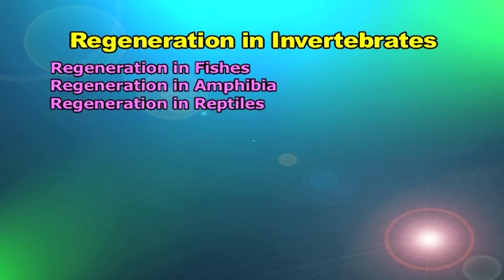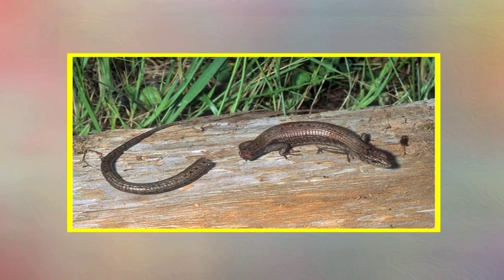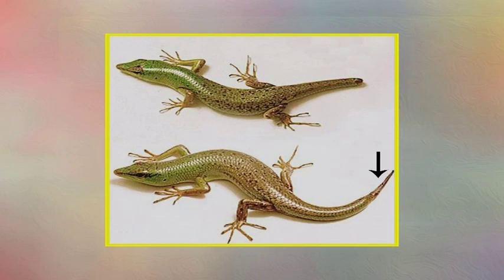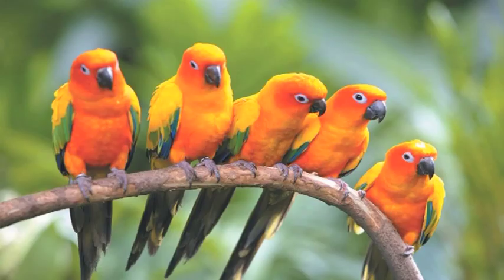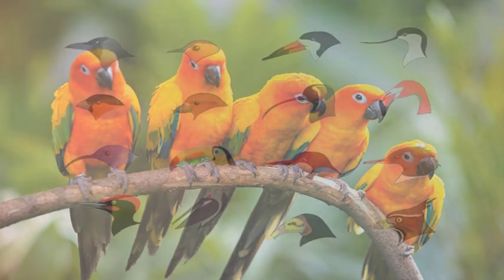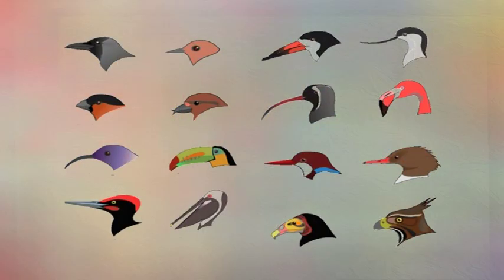Regeneration in reptiles. When tails of reptiles like lizards are broken off, a new tail regenerates which differs from the original one because of a simplified vertebral column and scales of a different type. Regeneration in birds. In birds, regenerative ability is rather poor and only the beak can be regenerated.